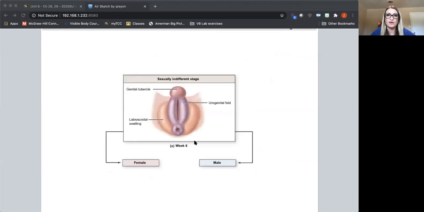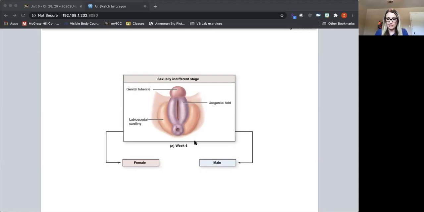Now let's look at the development of the external genitalia, and initially there is this sexually indifferent stage also, even for the external genitalia. So looking at a week 6 embryo here, you can see that both males and females look pretty much the same.